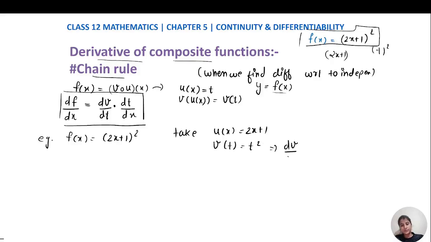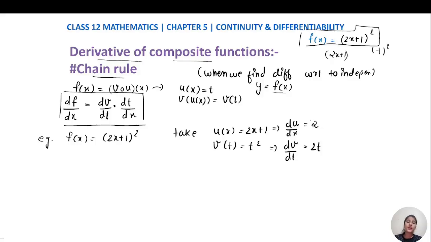If I differentiate v with respect to t, this is nothing but 2t. And if I differentiate u with respect to x, this is nothing but 2. The derivative of a constant is 0, and the derivative of 2x is 2 times the derivative of x, and we know the derivative of x is 1. So the derivative of u with respect to x is 2.